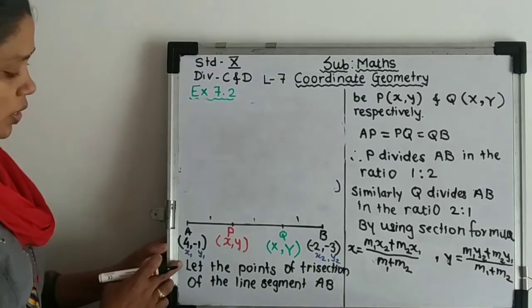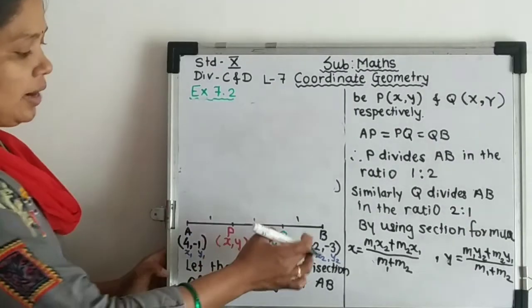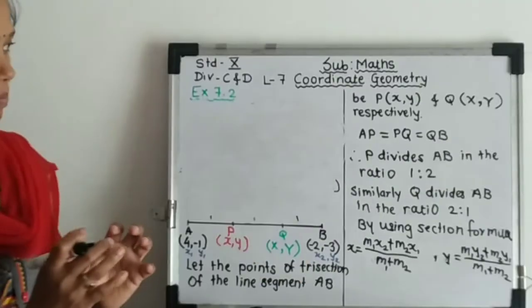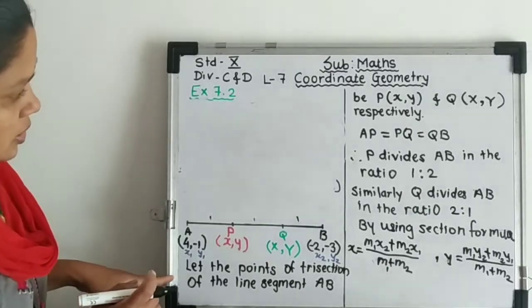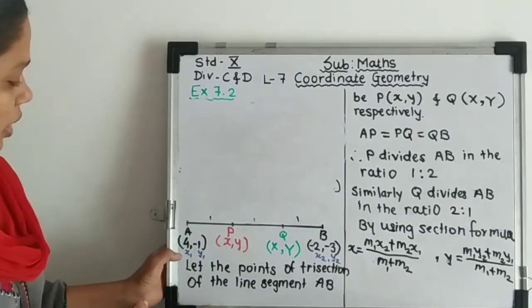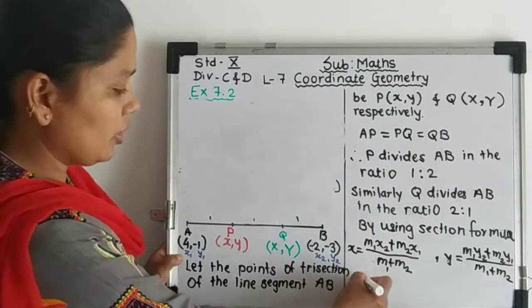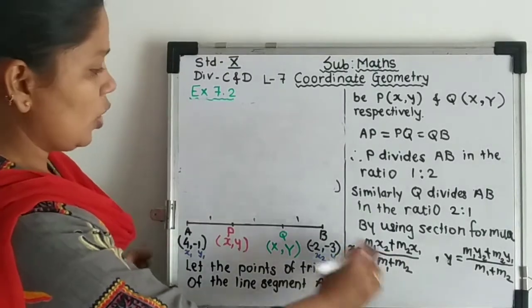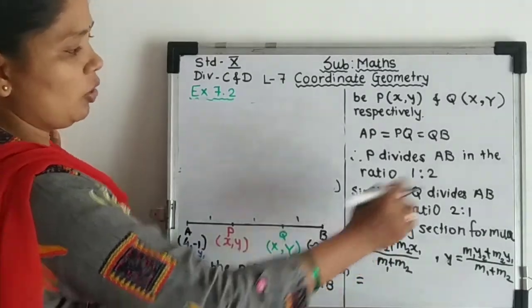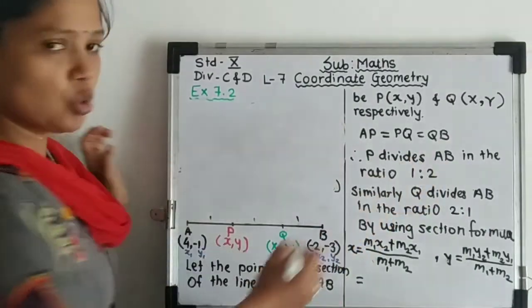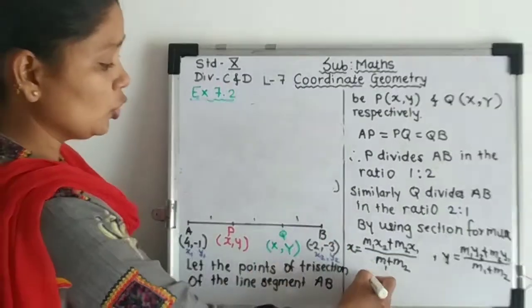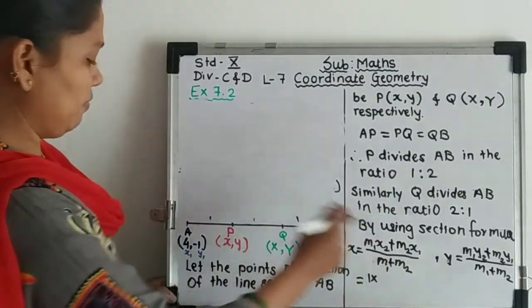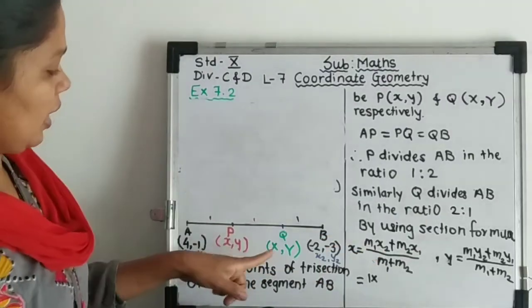So our x1 is here A point and x2 is our B point. Right? So this A and B, here x1 we will take for x coordinate. So m1 and m2 for P coordinate we have 1:2. Right? So 1 is multiplied with x2 point.